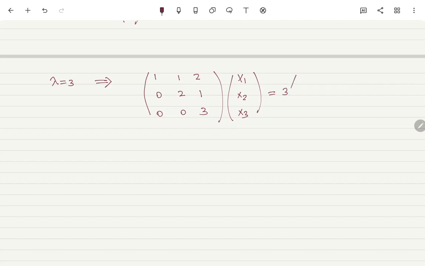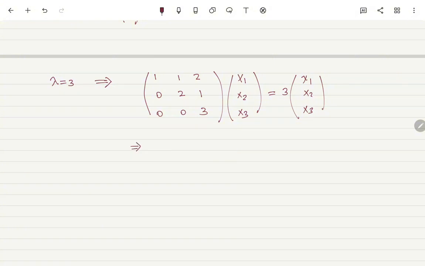Now let's find the eigenvector corresponding to lambda equal to 3. Follow the same procedure. 1, 1, 2, 0, 2, 1, 0, 0, 3 times x1, x2, x3 equal to 3 times x1, x2, x3.